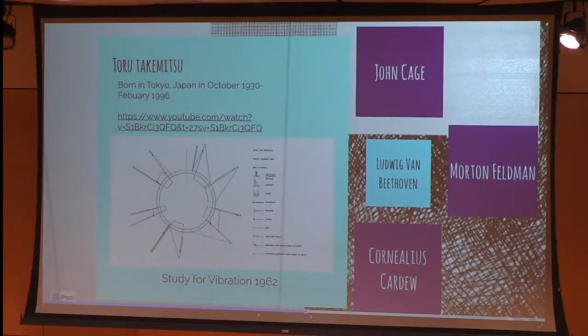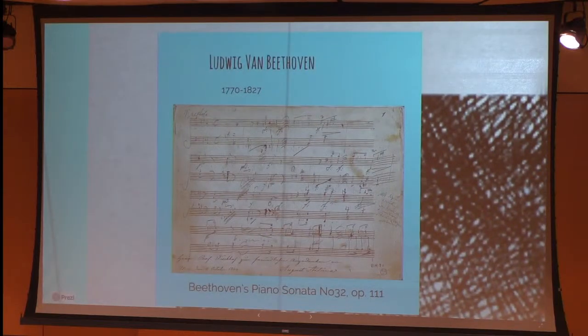I would also like to talk about Ludwig van Beethoven. He was very, very interested in what it looks like, breaking from the norm. We can see here in his Piano Sonata number 32, Opus 111, a lot of these marks aren't traditional. They almost look like scribbles. They're off the staves. They're not quite on the staves.